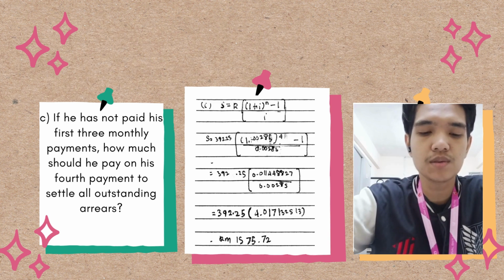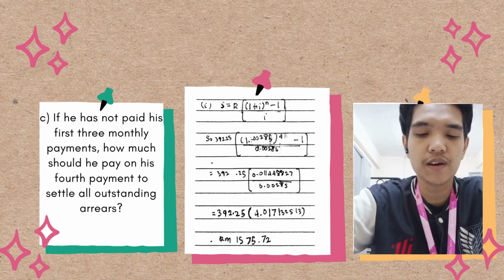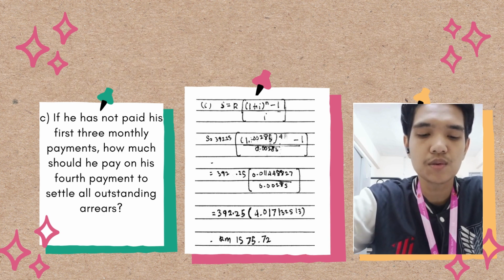S equal to 392.25 open bracket 1.00285 close bracket power 4 minus 1 divided by 0.00285 close bracket. S equal to 392.